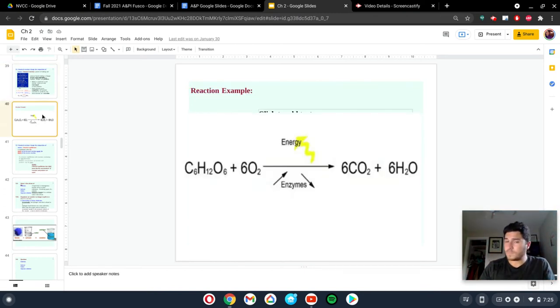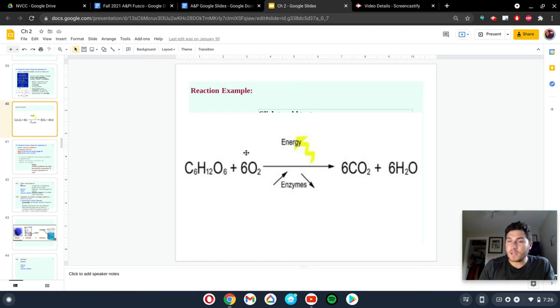All right, there's tons of them. Here's just one example. All right, this is a super fun one. This is a process that takes one molecule, also known as glucose, and another molecule, actually multiple of this molecule, oxygen. They're going to take 6 oxygens, and they're going to react. Right? Obviously, it's a little more complicated than just putting them together, or else you'd be looking at your food and just seeing them randomly react.